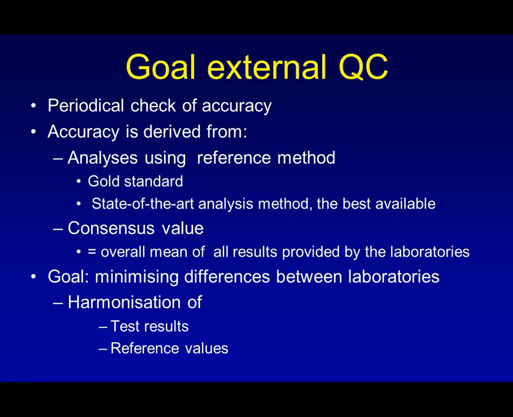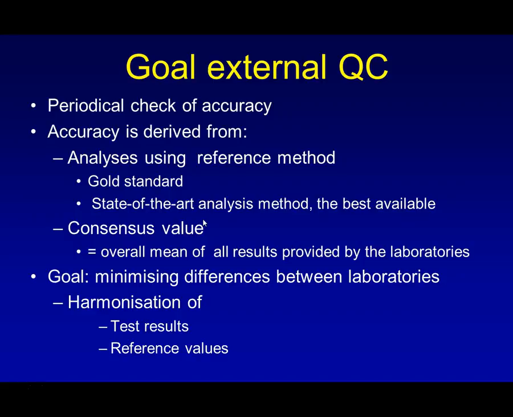And as stated, there's no absolute value in clinical chemistry for most analytes because of the matrix of blood and also the nature of the samples that we use. This means that most times we have a kind of consensus value, which is the overall mean of all results provided by the laboratories.